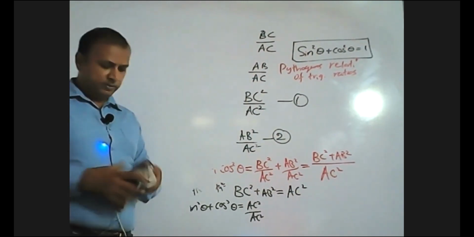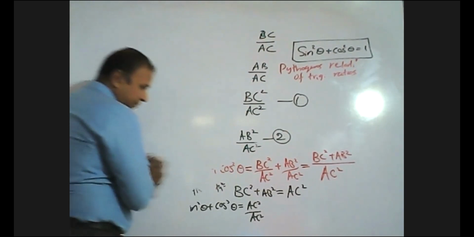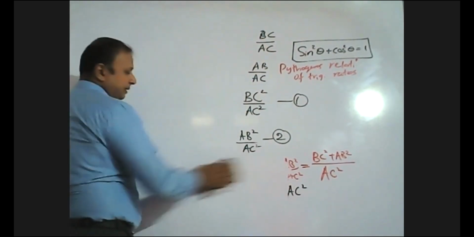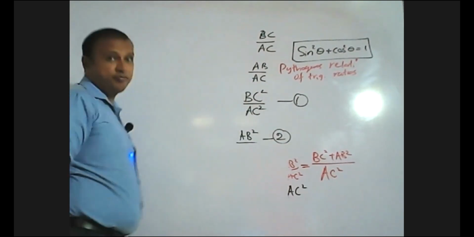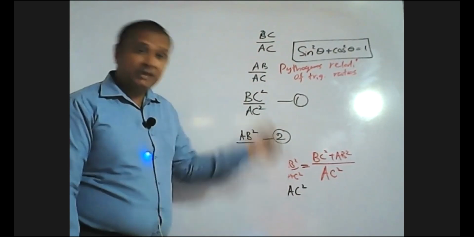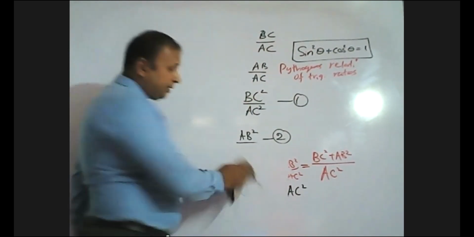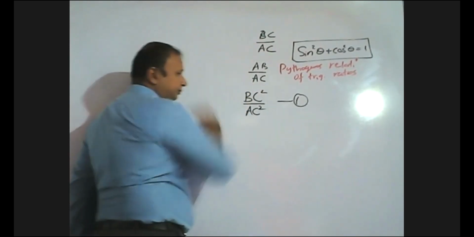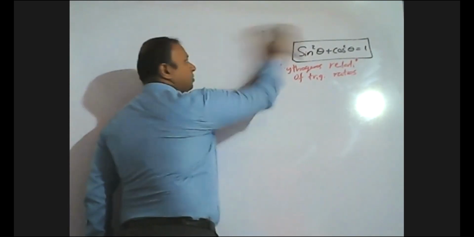Among these, cosec theta, sec theta, and cot theta are the reciprocal values of sin theta, cos theta, and tan theta respectively. So you can use those relationships when you are doing calculations.